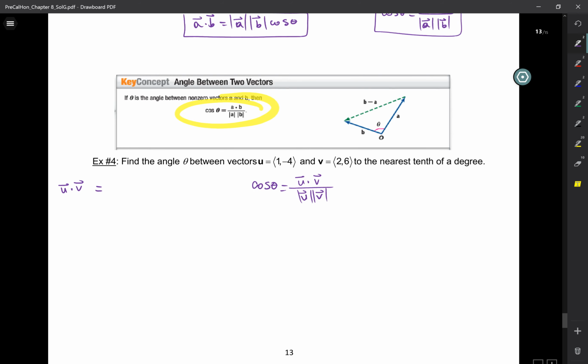U dot V is 1 times 2 plus negative 4 times 6. So U dot V is equal to negative 22.